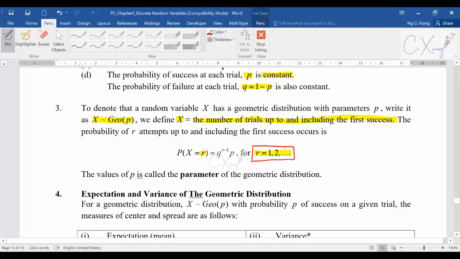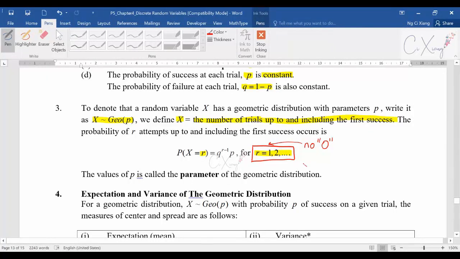I want to focus on the value of r. Please take note that for any geometric distribution, the value of r cannot be 0. Can you see that? There's no 0 here. For binomial you have 0, but for the geometric distribution, there's no 0. Why? Later I will tell you. Then you will see that the value of r has no limit.